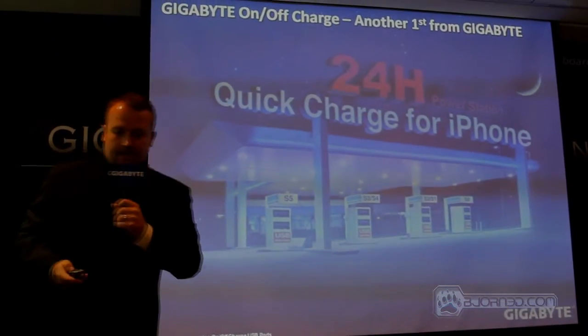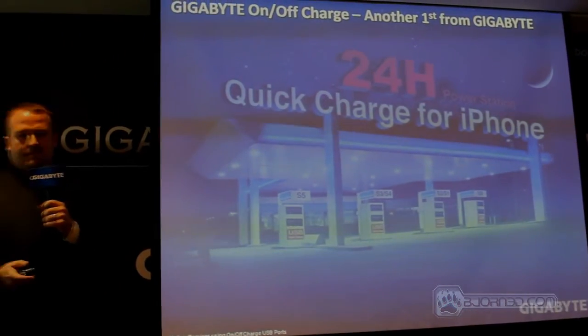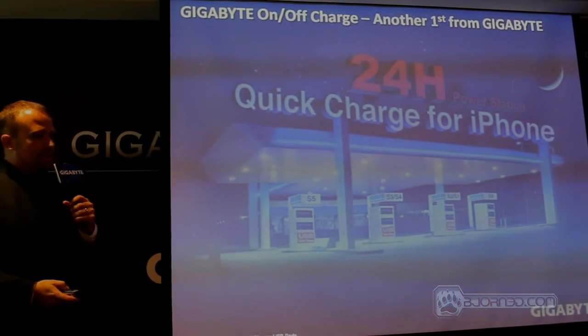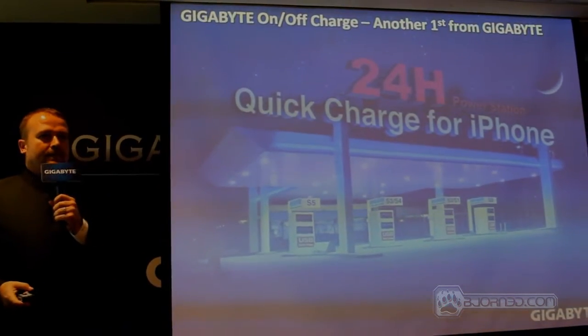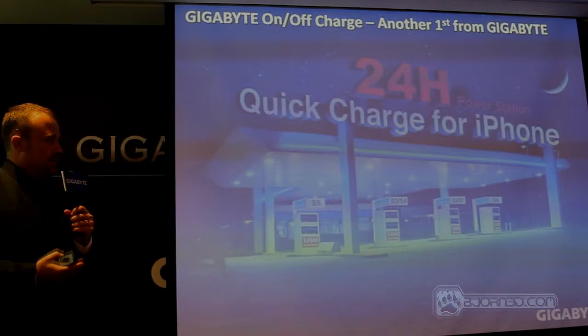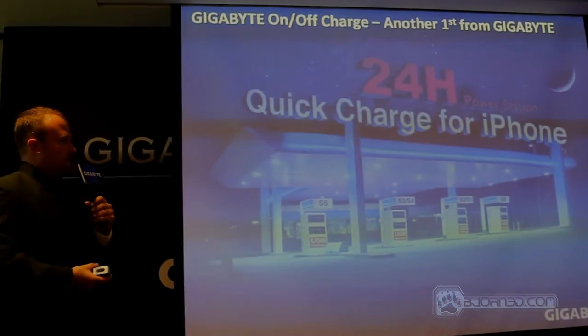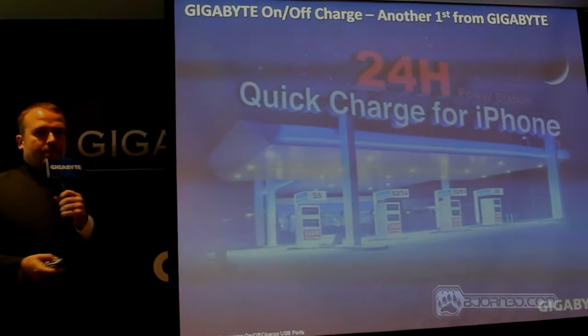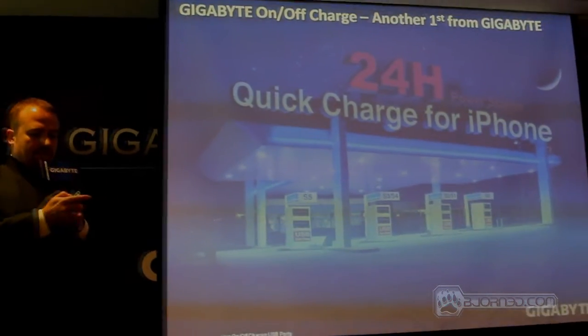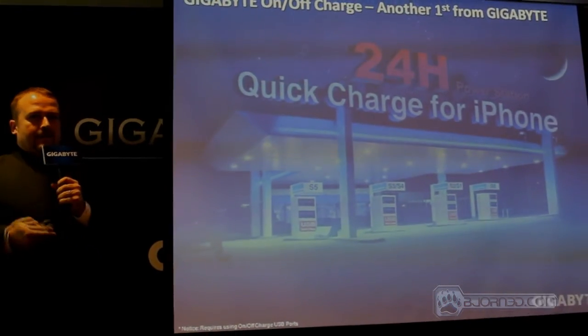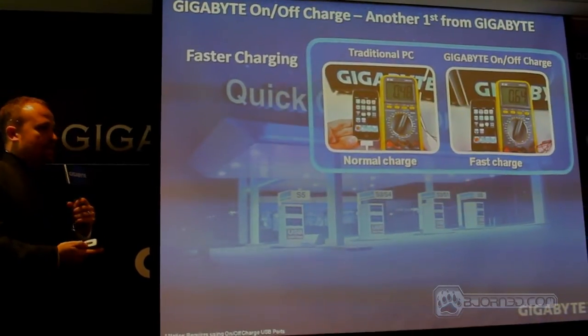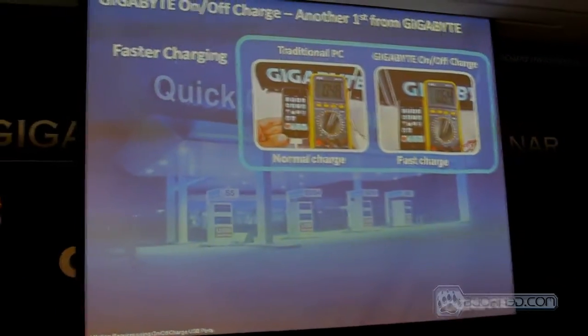Another place where Gigabyte is number one, or first to market, was on-off charge. When they launched the iPad, there were a lot of stories and articles in the news about not being able to charge it from a standard USB 2 port. So we introduced some software, and later on we included a feature on our motherboards. Today I just want to highlight what makes our solution a little bit better than other solutions out there.